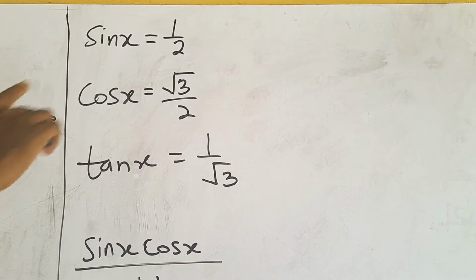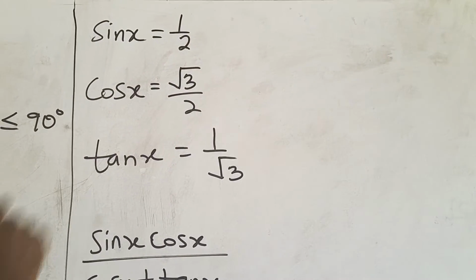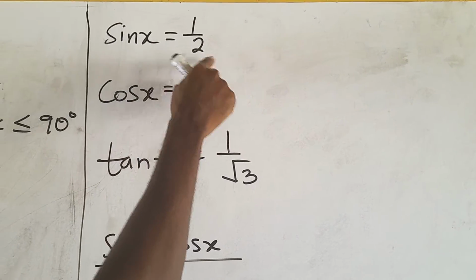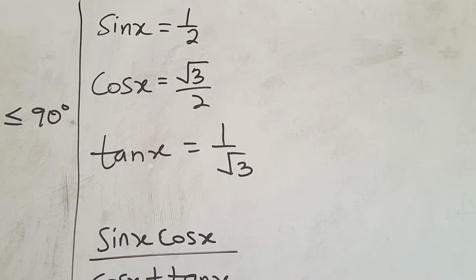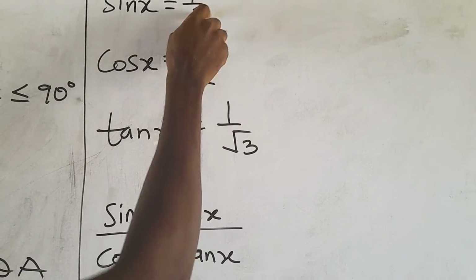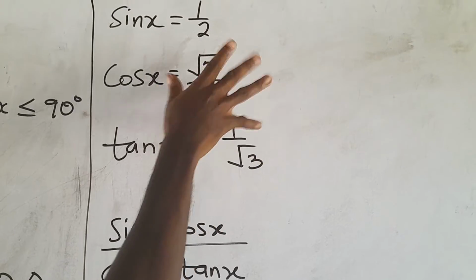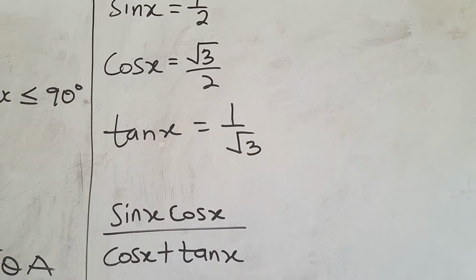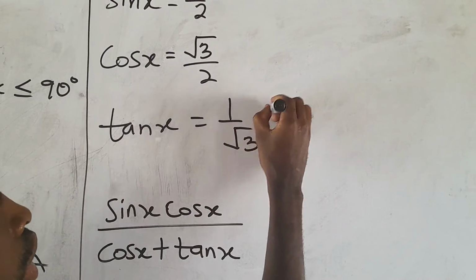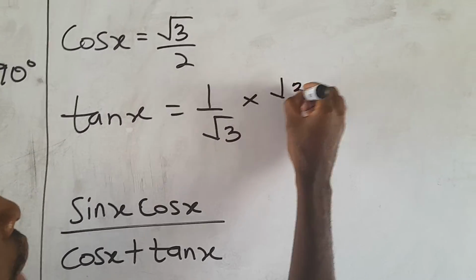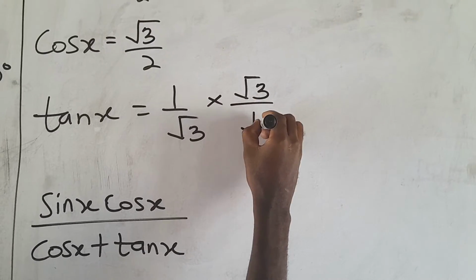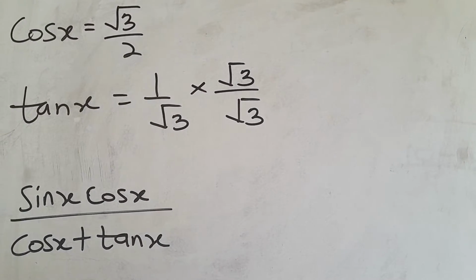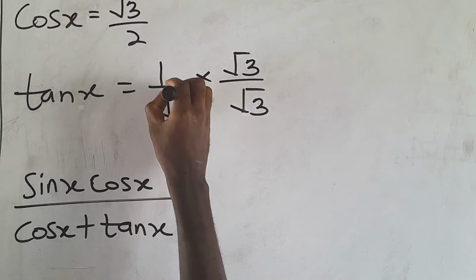So our sin x was given to us to be half. We evaluated cos x, we have root 3 over 2, and tan x we have 1 over root 3. Since tan x has an irrational denominator, we need to rationalize it. So we rationalize by multiplying both the numerator and the denominator by the irrational number.